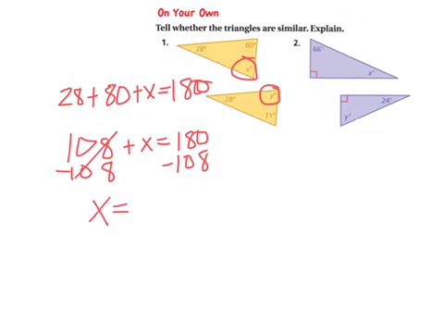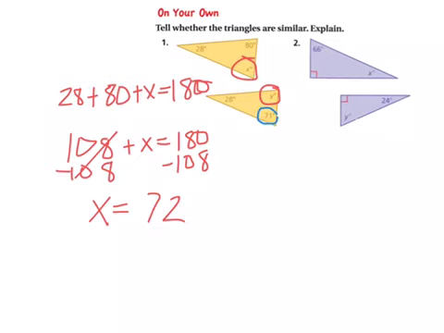So I get x equals 180 minus 108. So you should get 72. Now you can go ahead and look at your second triangle and see, is this going to match up? No, it's not, but we can solve it just to be safe.